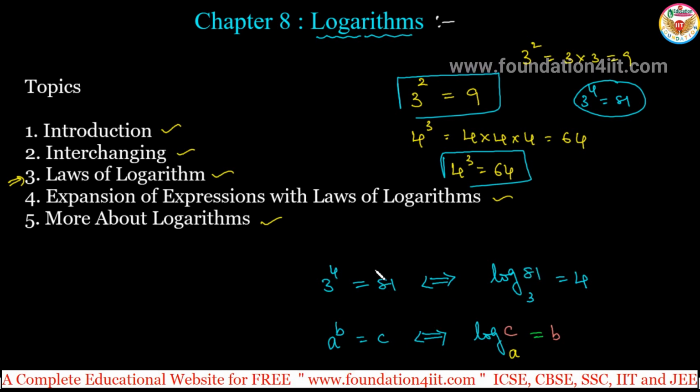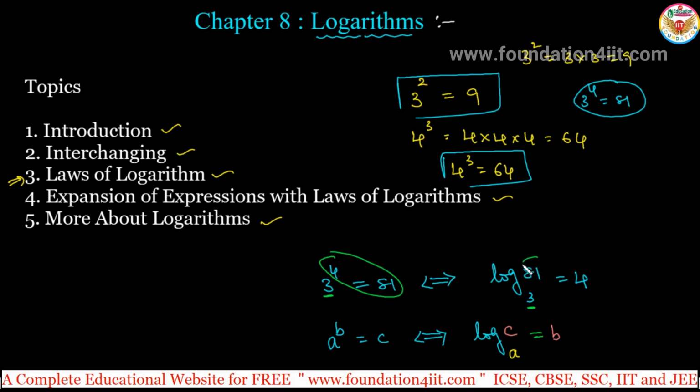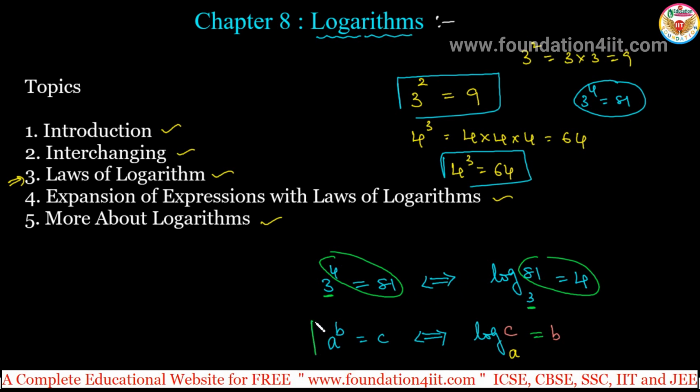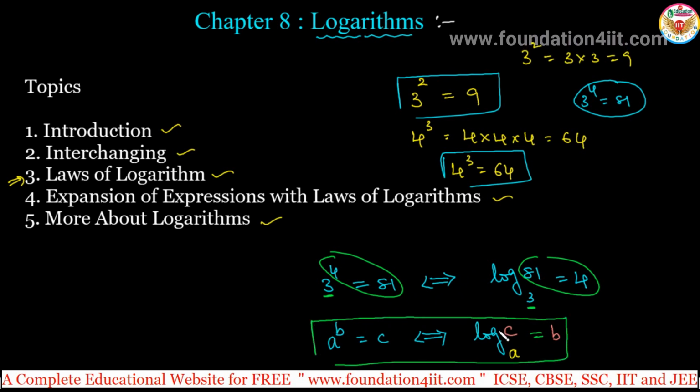And again logarithmic form to exponential form. You can notice only these two. Here the base is 3, the same base 3. Now these two are just changing their places. To help you remember, I am showing it like this. The main thing is the formula: if a power b is equal to c, then in logarithmic form it is log c to the base a is equal to b.